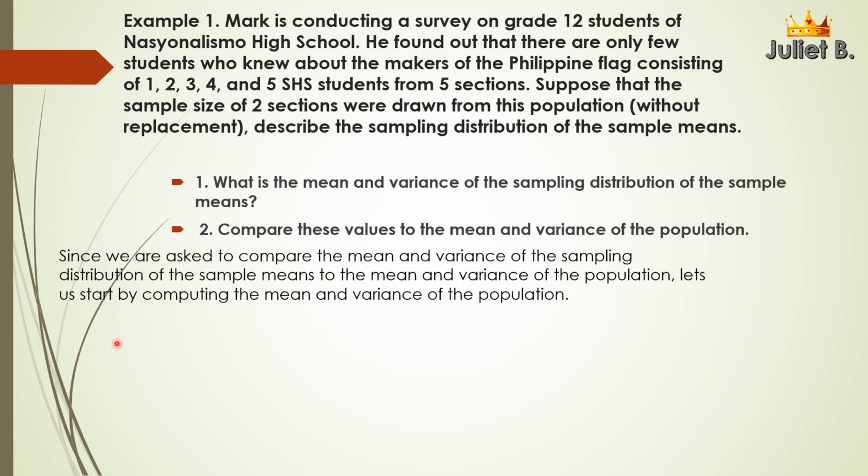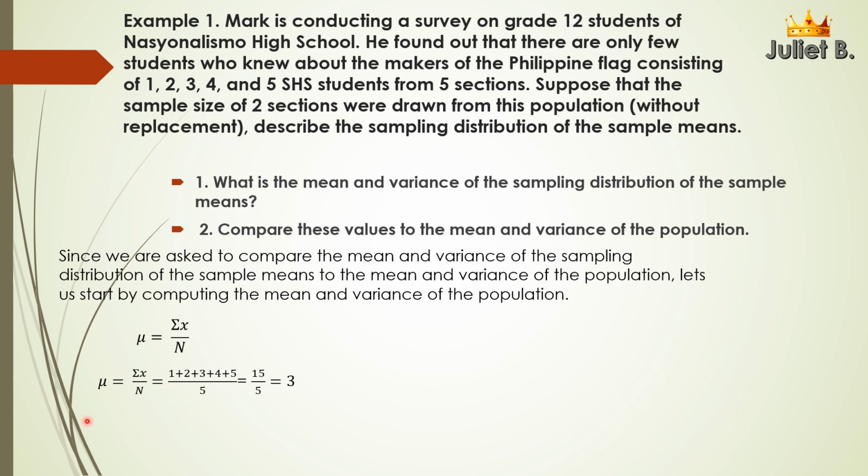Since we are asked to compare the mean and variance of the sampling distribution of the sample means to the mean and variance of the population, let us start by computing the mean and variance of the population. The formula for the mean of the population is the summation of x divided by the population size.